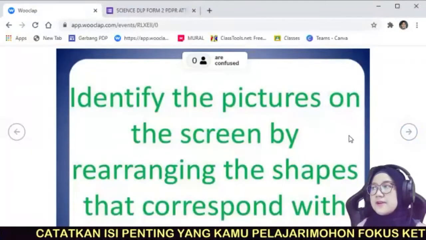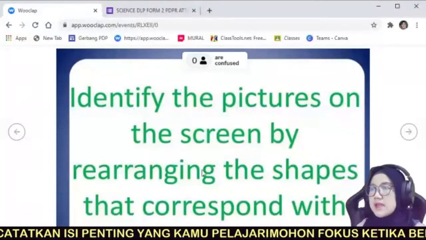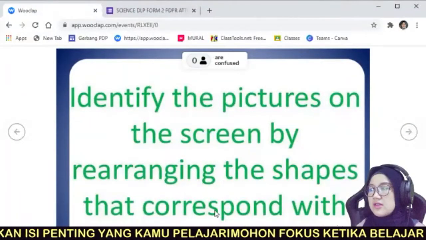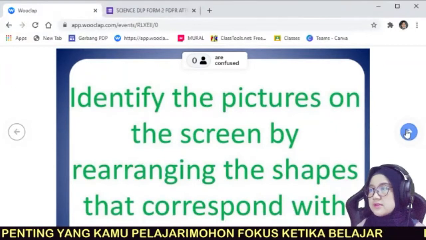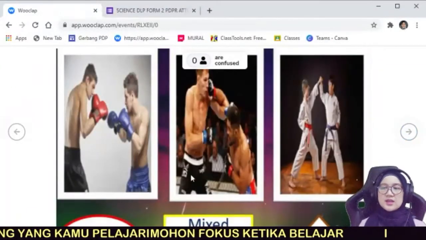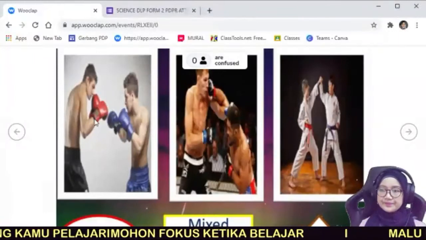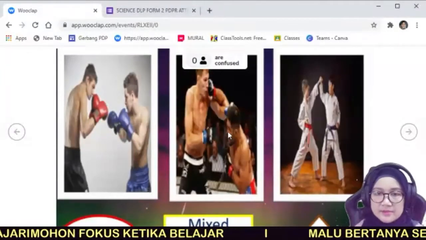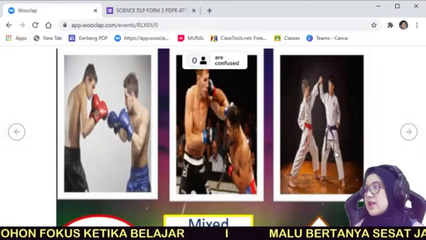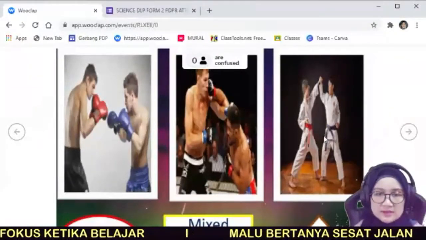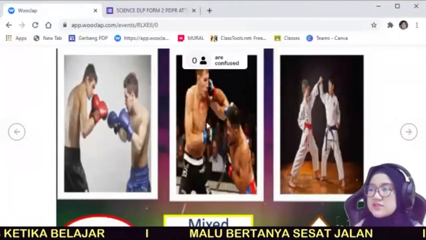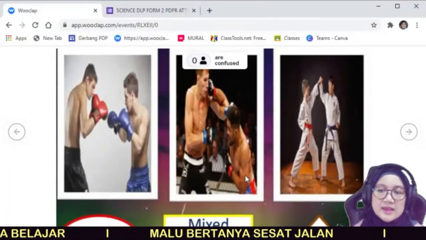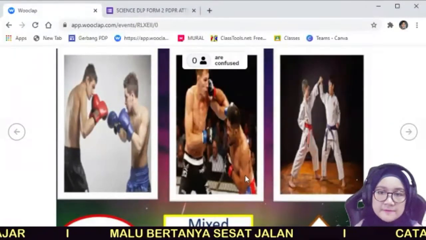Okay, identify the picture on the screen by rearranging the shapes that correspond with each word. See, here, this is karate. This is mixed martial art. And then this one is boxing. Okay, they look similar, but each has its own difference.